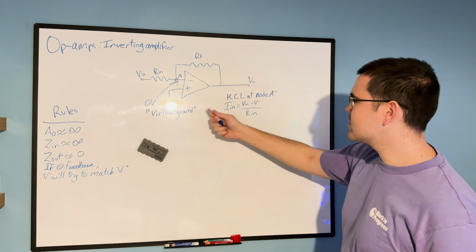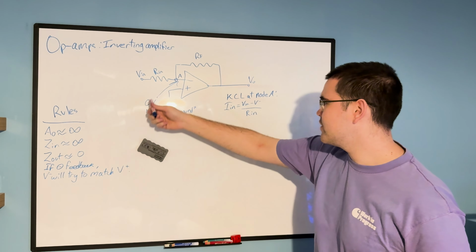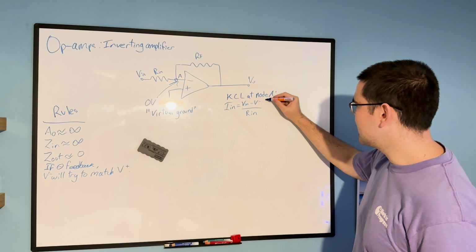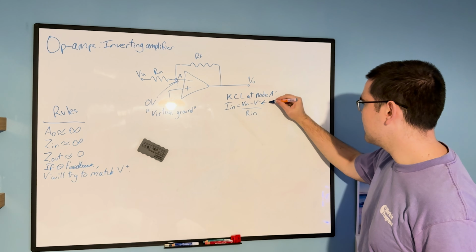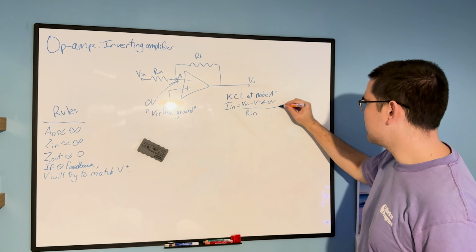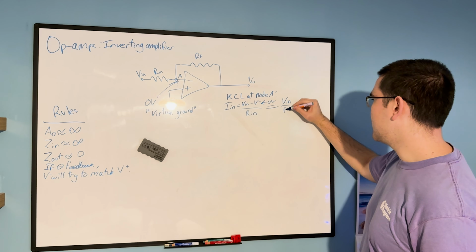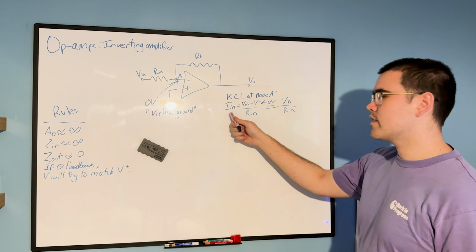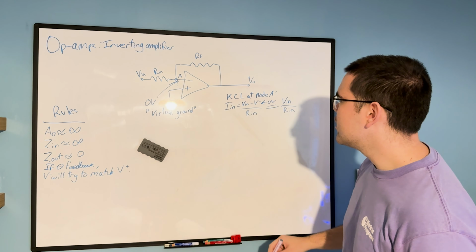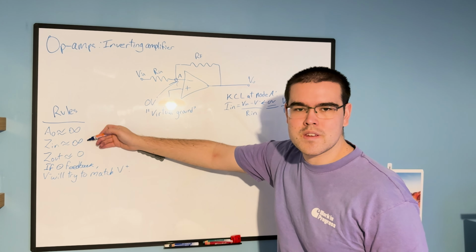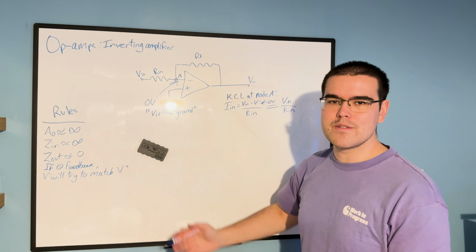But look, because of this rule, the virtual ground, negative feedback, 0 volts there. So this is 0 volts really. So this is also equal to V in divided by R in to get the input current. But because of this rule, the input impedance is very large, almost infinity, very big.